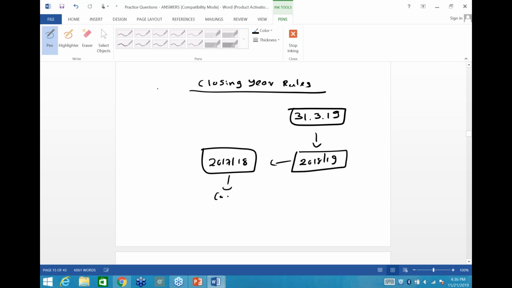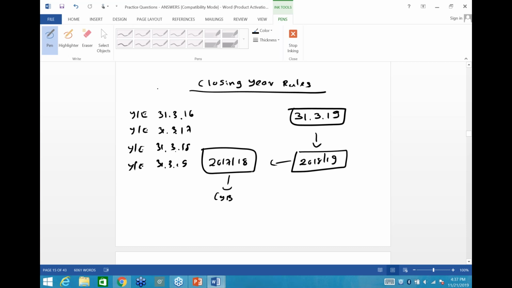For the penultimate year, you use the current year basis. Look at the question: I have been given amounts for the year ended 31st March 2016, year ended 31st March 2017, year ended 31st March 2018, and year ended 31st March 2019.